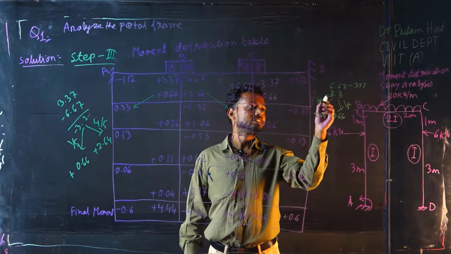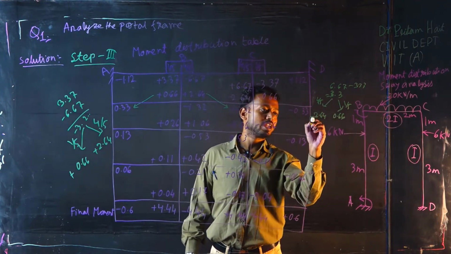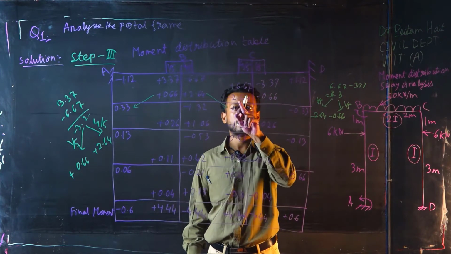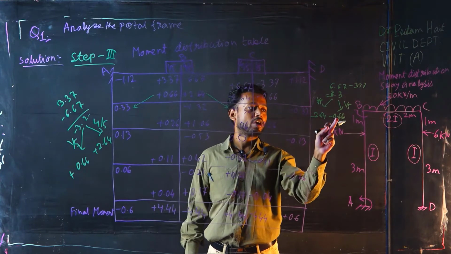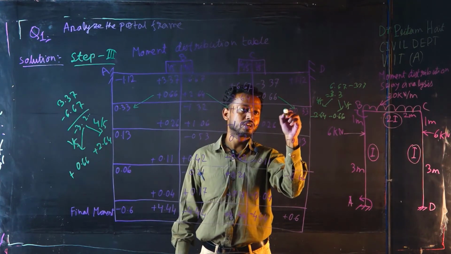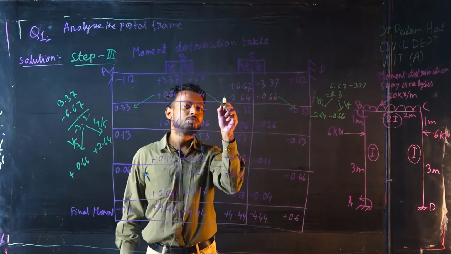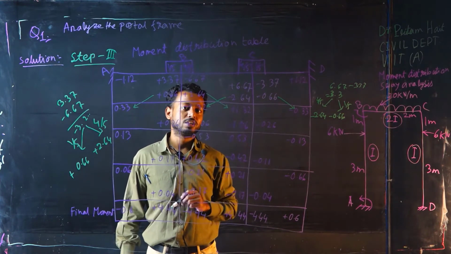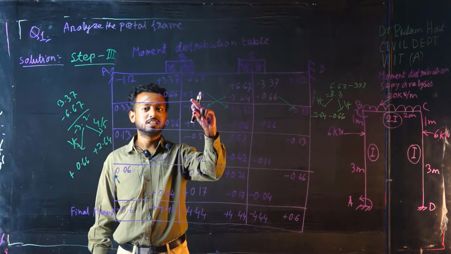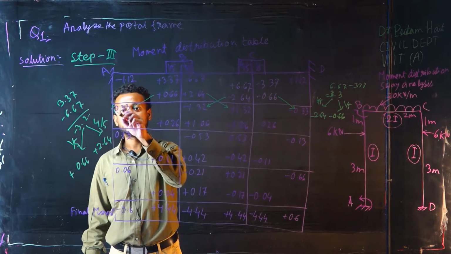Okay, since this is positive you have to keep it negative, so minus 2.64 I write here, minus 0.66 I write here. Okay, now 50% of this moment will carry over to this joint, 50% of this moment will carry over to this joint. Okay, now we are in this line.